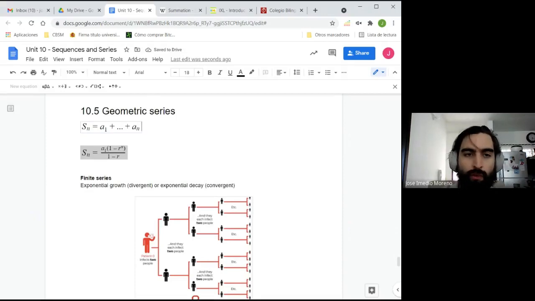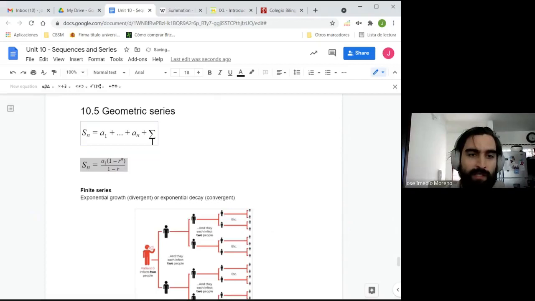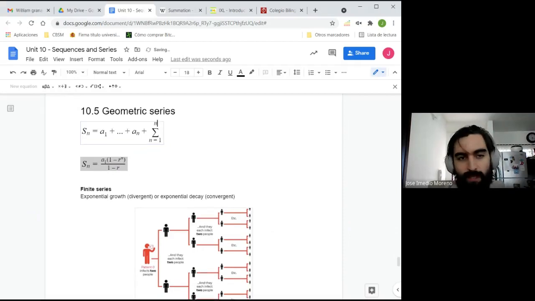Or if we write it with sigma notation, as I explained before, this is from n equals 1 up to n. Here, this is a bit confusing. Maybe let me do it with numbers.